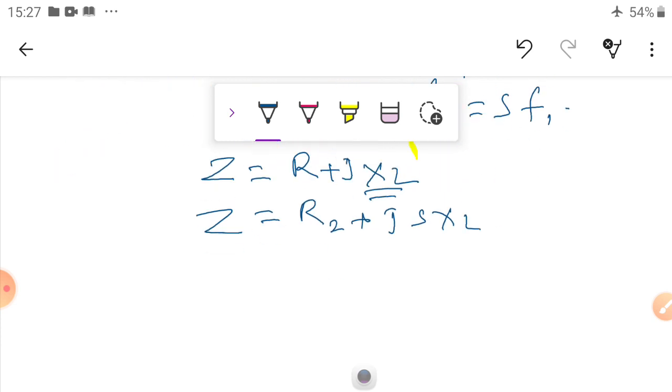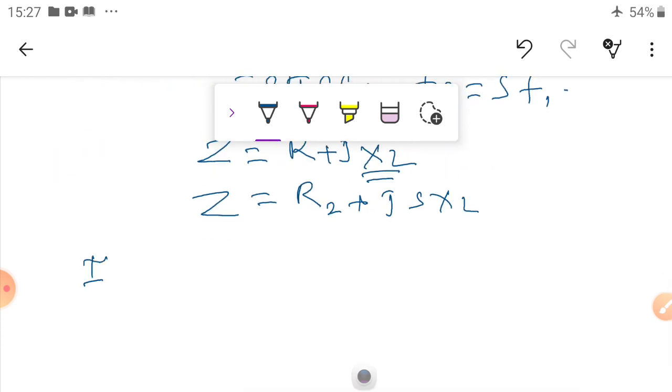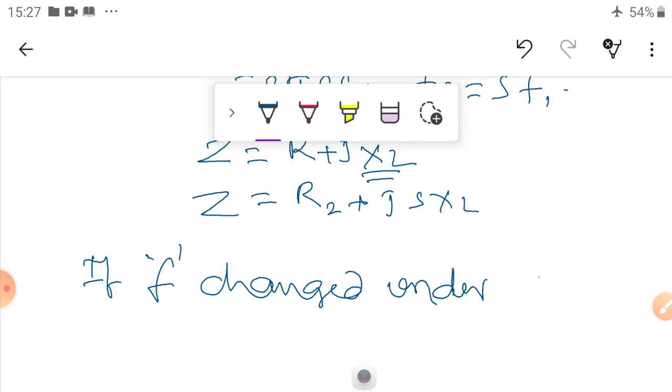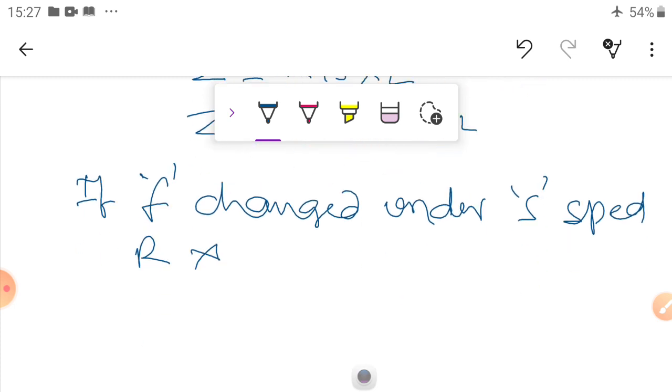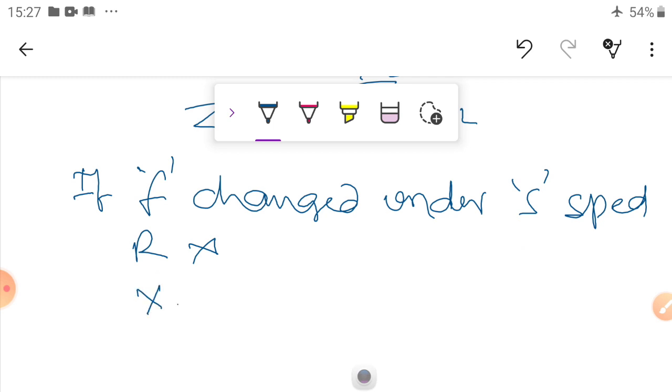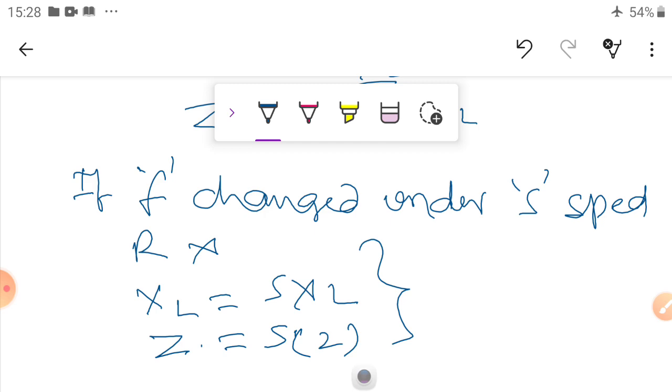That means if the frequency changed under slip speed, then R does not change, the XL becomes SXL and Z becomes SZ. So that value also changes. You remember these things.